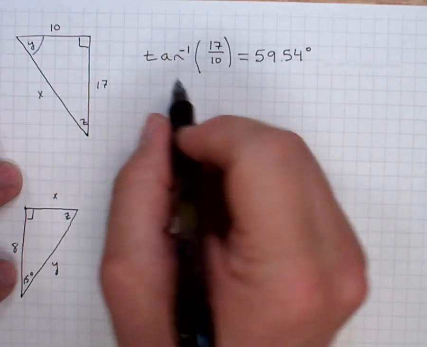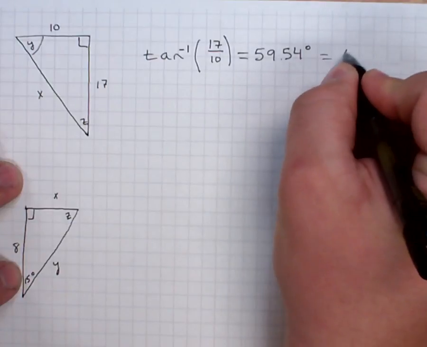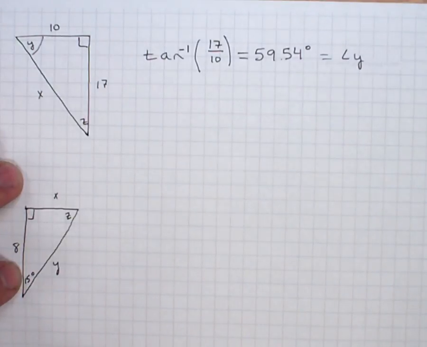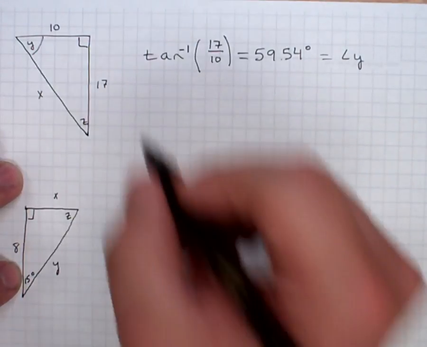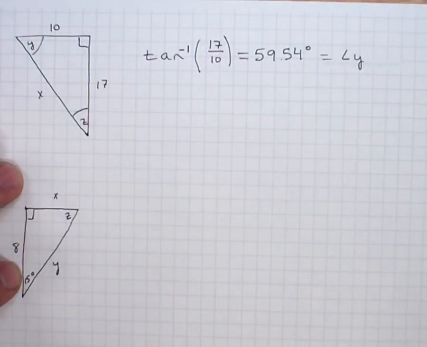Okay, so now if I want to find angle Z then, this is angle Y with respect to angle Z. You could subtract, but I'm wanting to practice more.